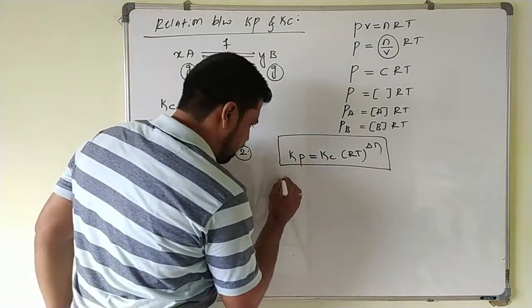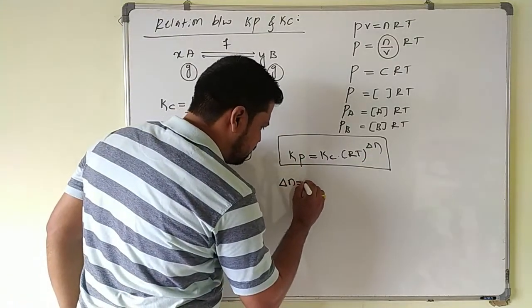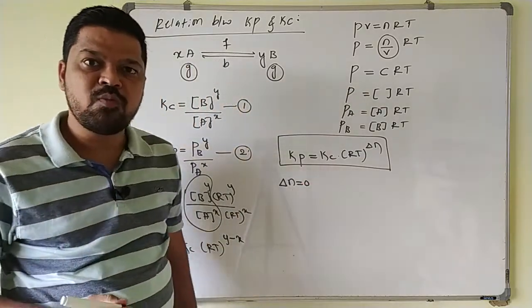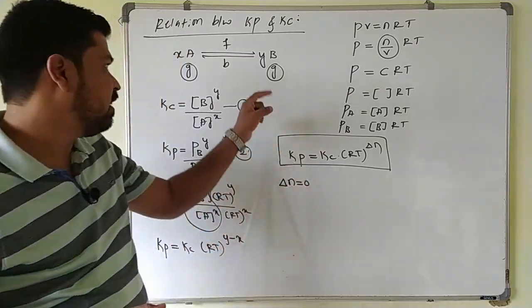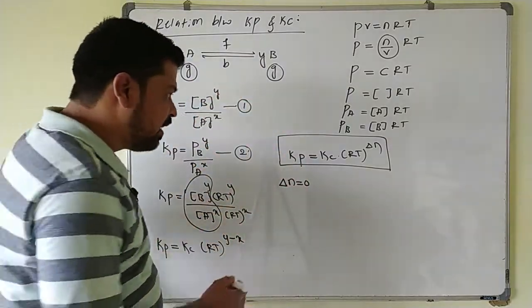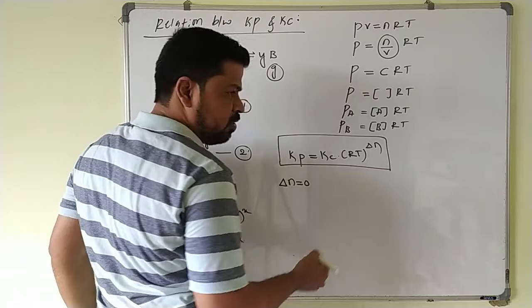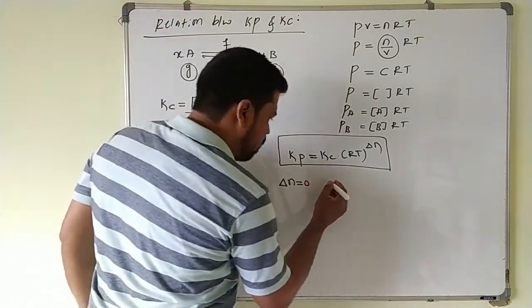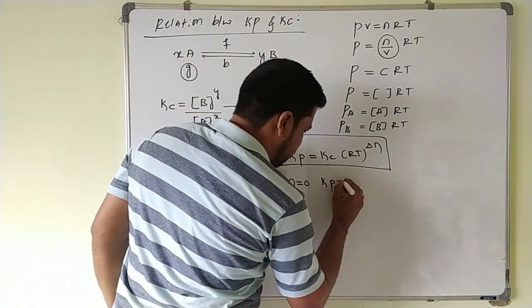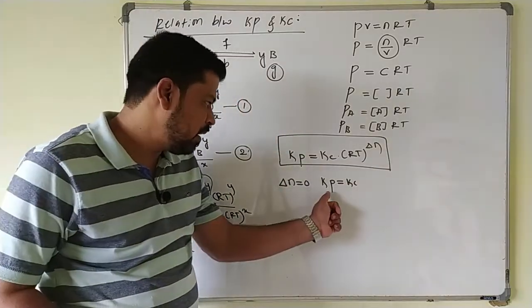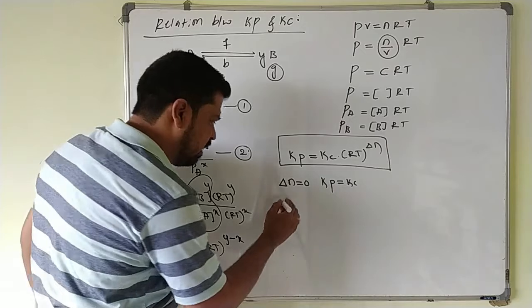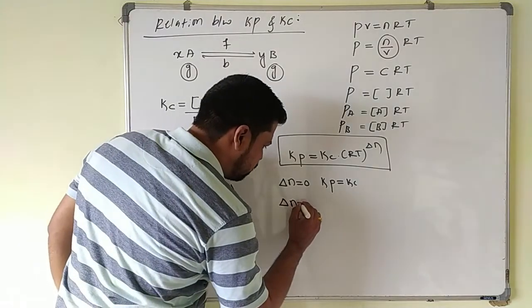In this equation, if the delta n value is equal to 0, that is, the number of moles of gaseous product minus the number of moles of gaseous reactant, y minus x, is equal to 0, then RT raised to 0 is 1. So Kp equals Kc. For any reaction, if delta n is 0, always keep in mind Kp equals Kc. If delta n is positive, Kp is greater than Kc.